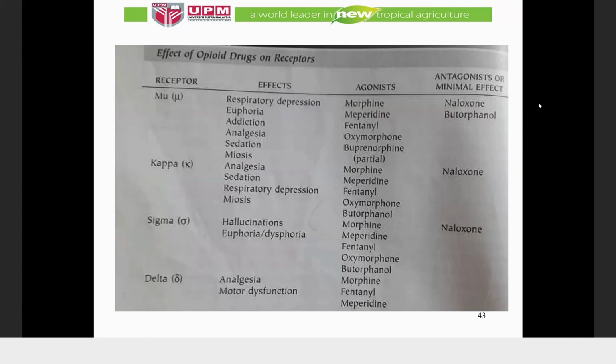The primary and major goal of using these opioids is analgesia, the pain management. They are very good sedatives. These are the major important effects. They also cause meiosis. Moving forward.